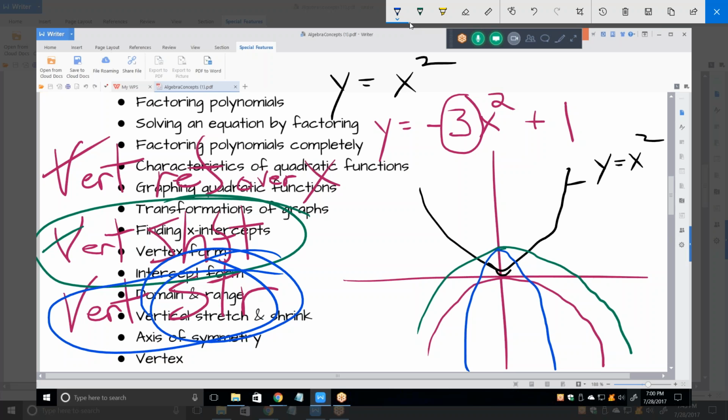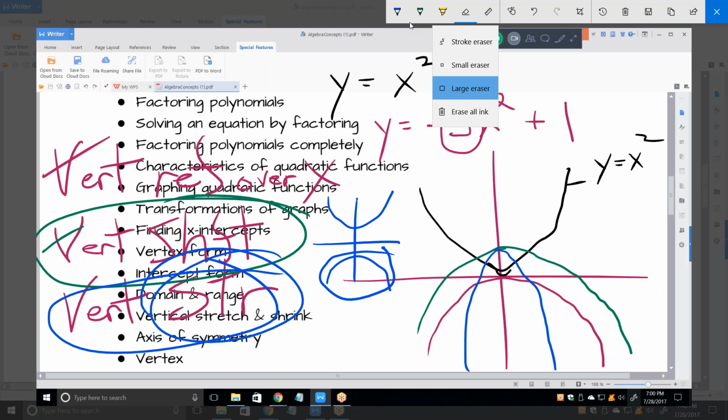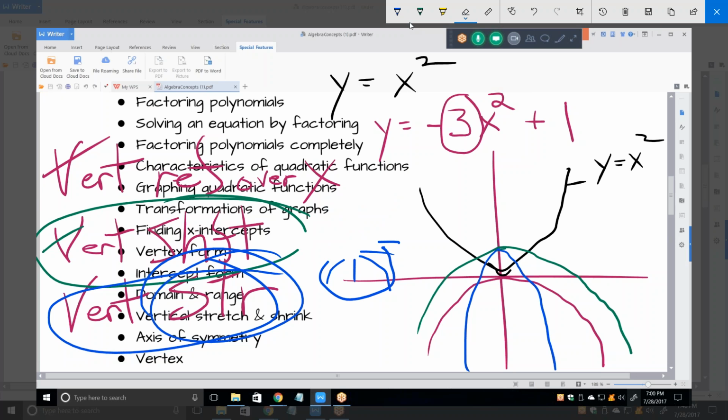If I did the shift first, I would have this. There's my shift. Now if I do a reflection, I end up down there. That's not the same place as if I do the reflection first and then the plus shift. So it definitely matters the order you do them in. The only thing you have to remember is do all of your reflections first, horizontal or vertical.